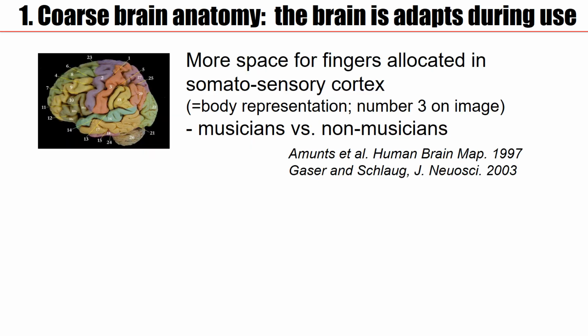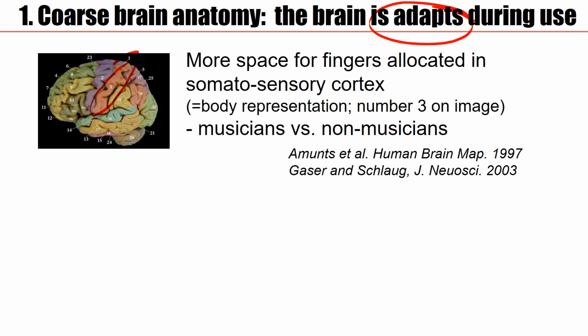Now, all these representations are not fixed because the brain can adapt during use. And I just want to give you two examples. I said that in an area over here, area 3 labeled here on the image, in this area we present the cortical surface. And in particular, the hand is represented.